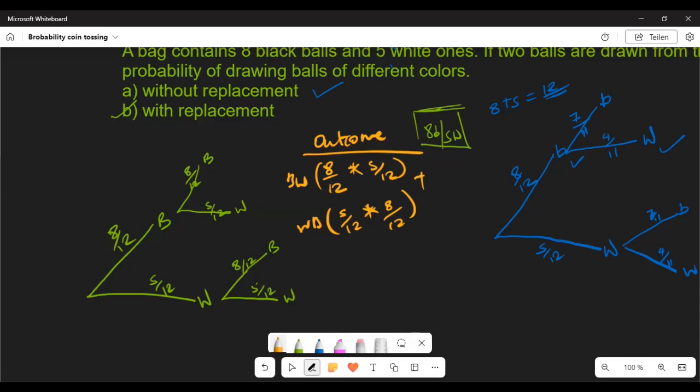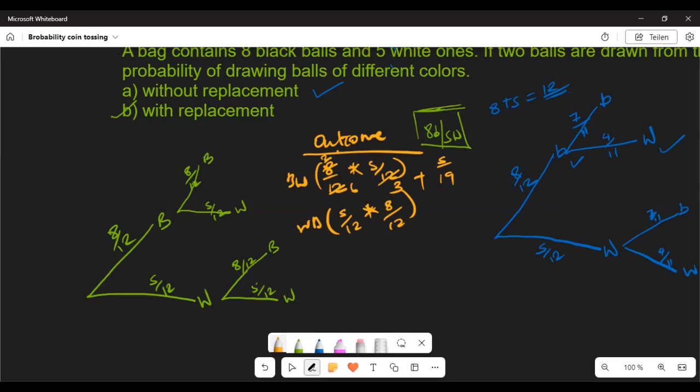So here 4 goes here 2 times, 4 goes here 3 times, and 2 goes here once, 2 goes here 6. So here we have 5 over 19. And let's look at this place also.